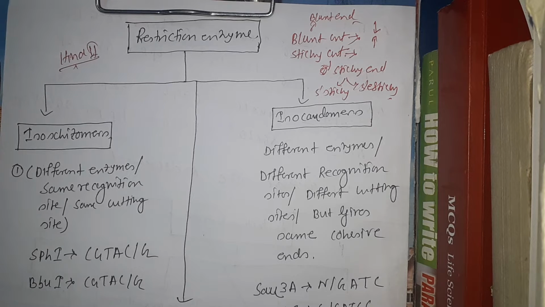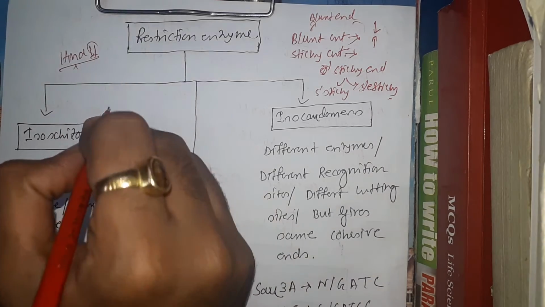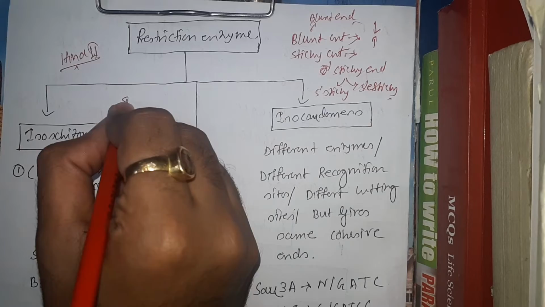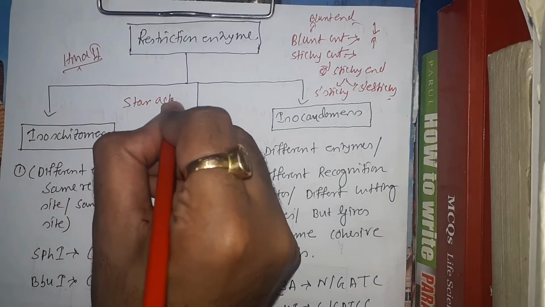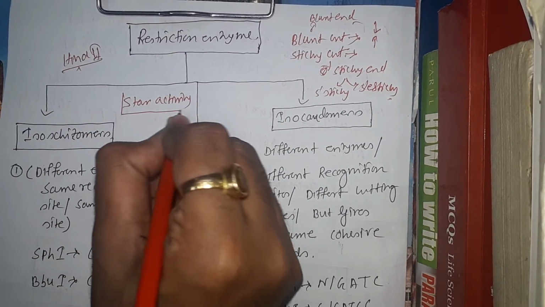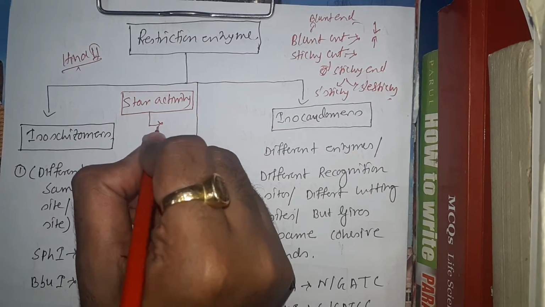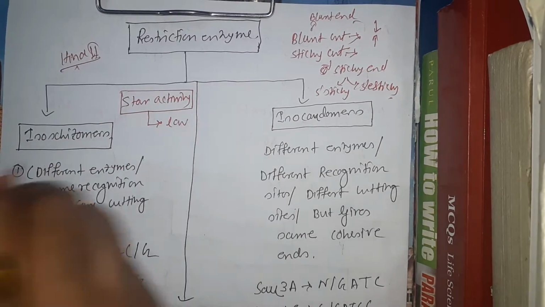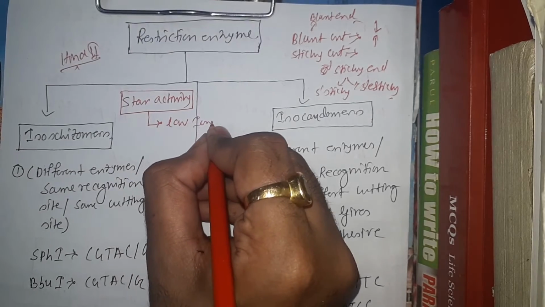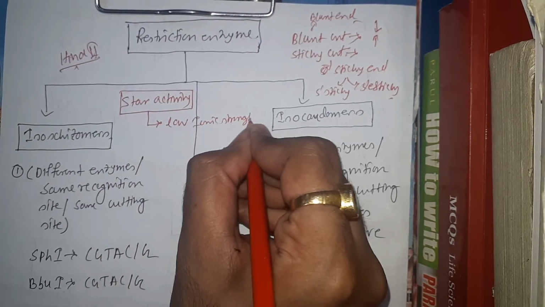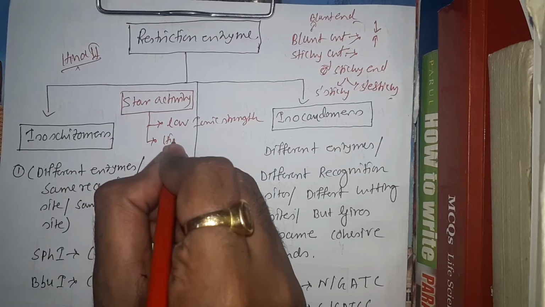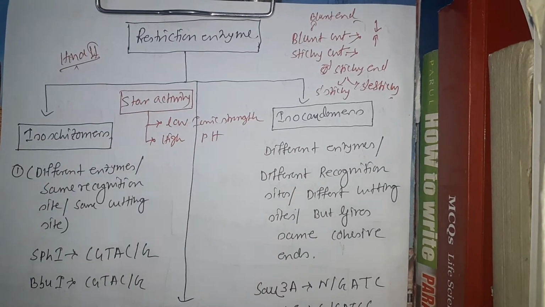In the video where we talked about restriction sites, I told you at the end that there is a term called star activity. So what is star activity? Under non-standard conditions, that is low ionic strength and a high pH, some restriction endonucleases have the ability to recognize a restriction site that is similar but not identical to their defined restriction site.